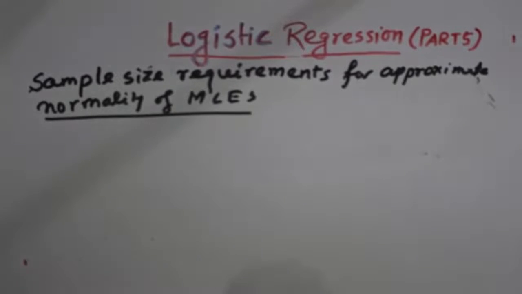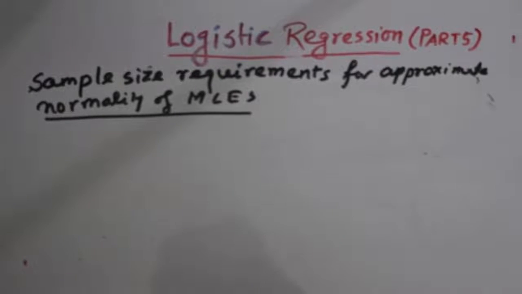The sample size needed to get approximately normal estimates using a general logistic regression model depends on the explanatory variables and the underlying probability pi.